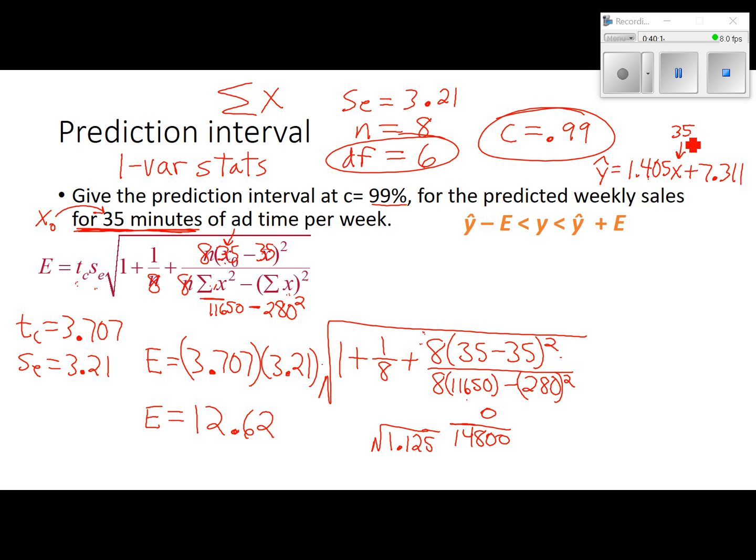And I end up with 56.486. I'm going to go 56.49. So our y hat, what we're predicting off of, is 56.49.